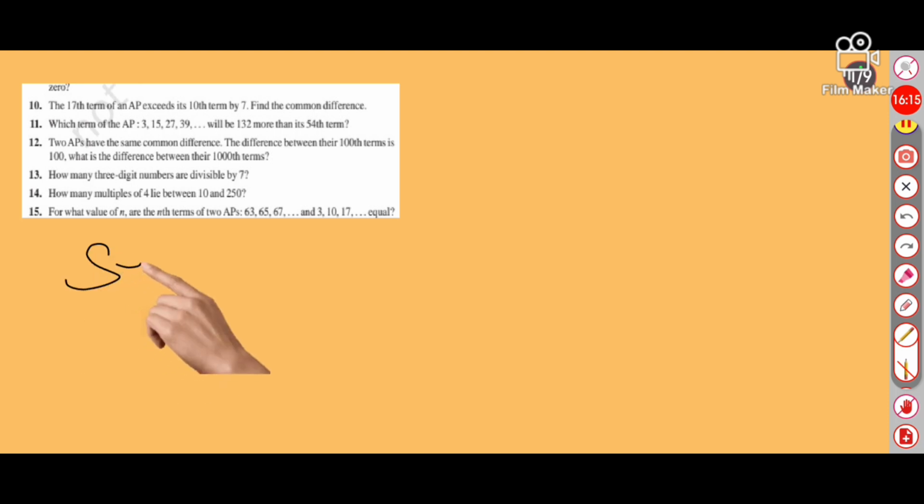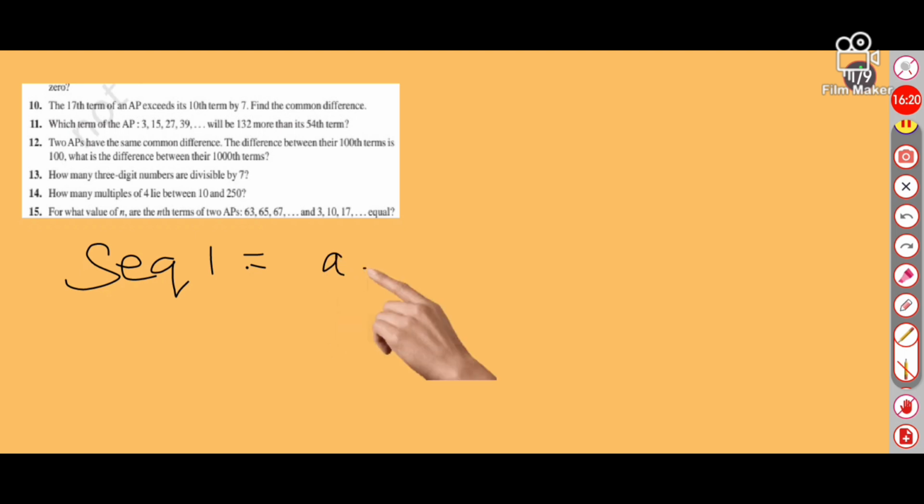Now we will see what the 15th question is. For what values of n are the nth terms of the first AP and the second AP equal? Okay, fine. So for the first sequence of AP, sequence 1, the value of a is 63, the first term. The value of d is 2. So for an, we don't know the value of n over here, we need to find it.